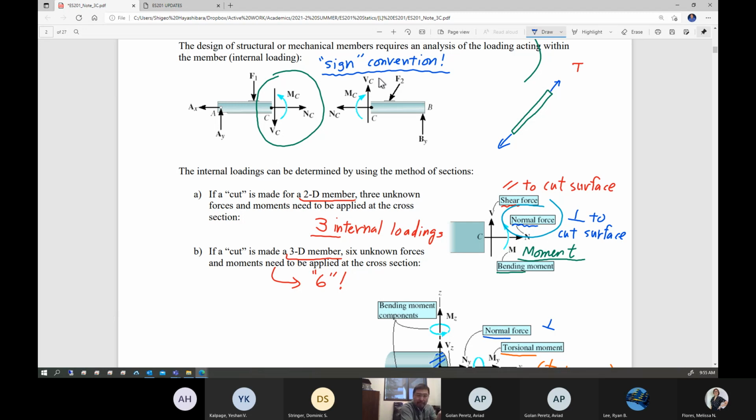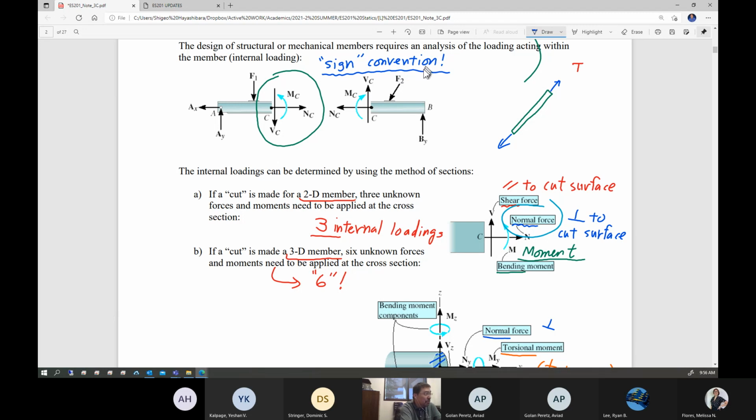And then suppose you get a negative value after you do summation of forces and moments, you determine, hey, wait a minute, NC is a negative value. What do you mean by that? Well, that means NC is in the opposite direction. So sign convention actually becomes super important.